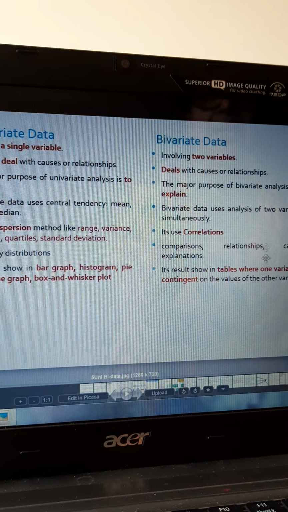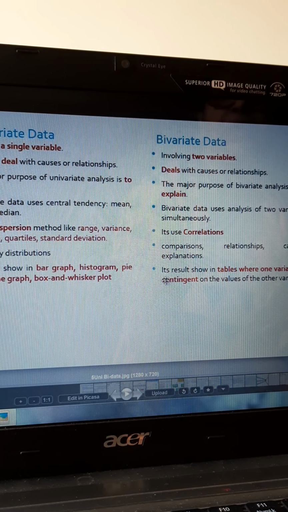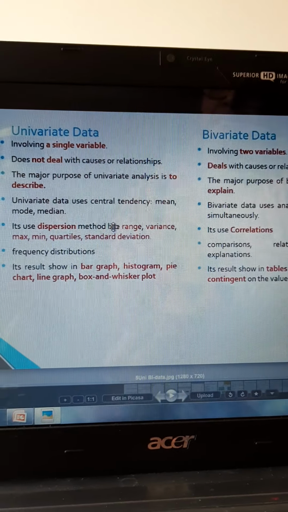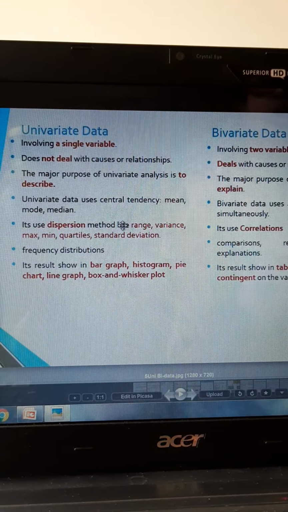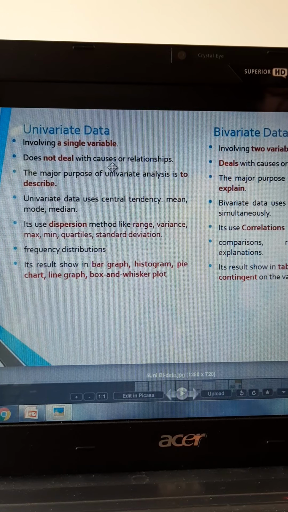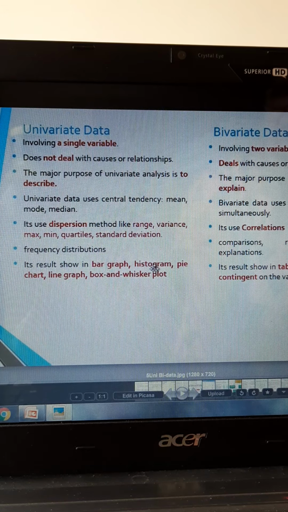Now we are seeing what is univariate and bivariate. Univariate involves a single variable. It does not deal with cause and relationship.